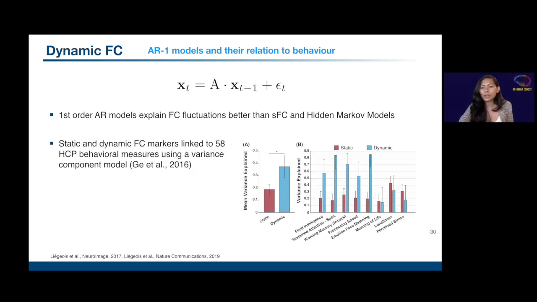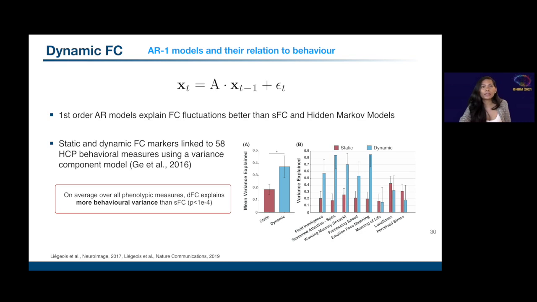Even more interesting, they found that static and dynamic functional connectivity metrics could give complementary information, in the sense that task-based phenotypes characterized at faster timescales are better captured by dynamic functional connectivity, while other behavioral phenotypes, such as self-reported measures like loneliness or satisfaction, are equally captured by static and dynamic approaches. Overall, dynamic functional connectivity does explain more behavioral variance than static functional connectivity.